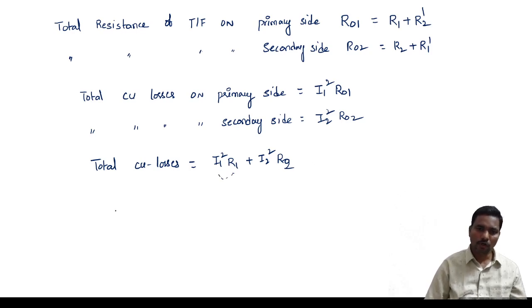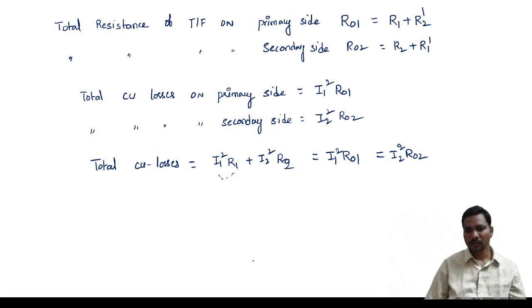We know the copper losses on the primary side is equal to secondary side. So that means you can say that is equal to I1 square R01 or I2 square R02. From this, the copper losses on either of the sides are equal.